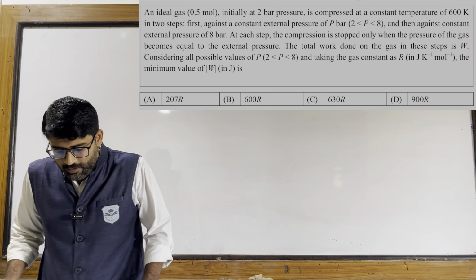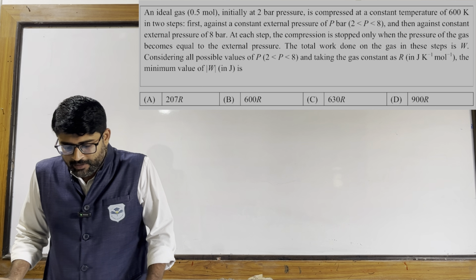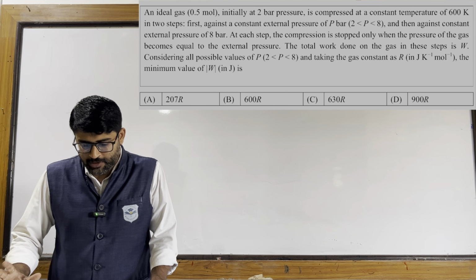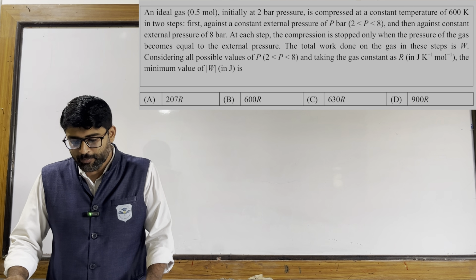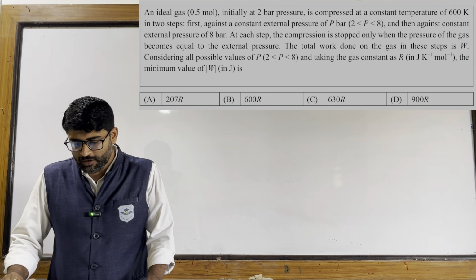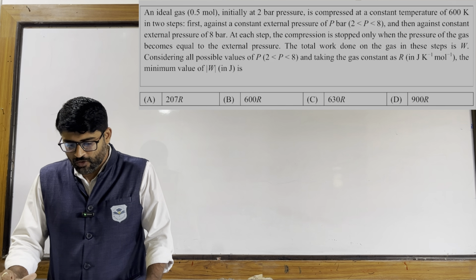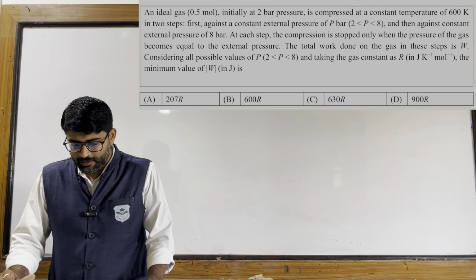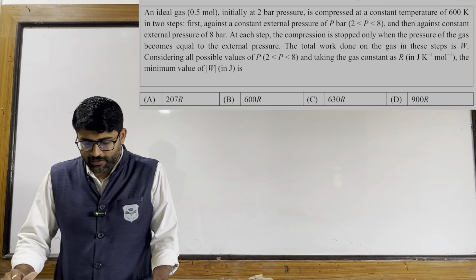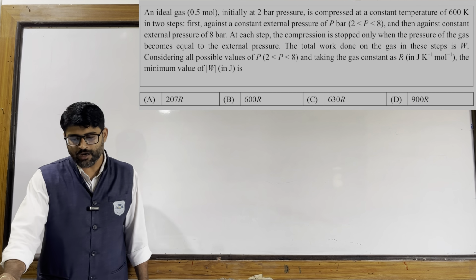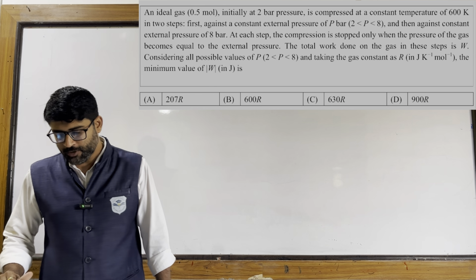At each step, the compression is stopped only when the pressure of the gas becomes equal to the external pressure. The total work done on the gas in these steps is W, considering all possible values of P which is less than 8 but greater than 2, and taking the gas constant as R in joule per Kelvin per mole.